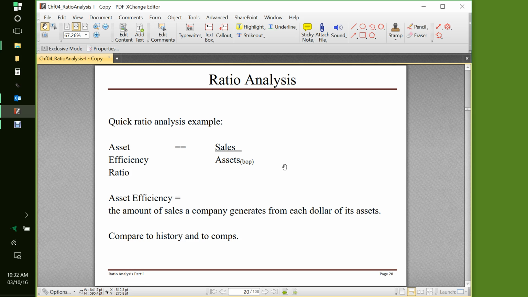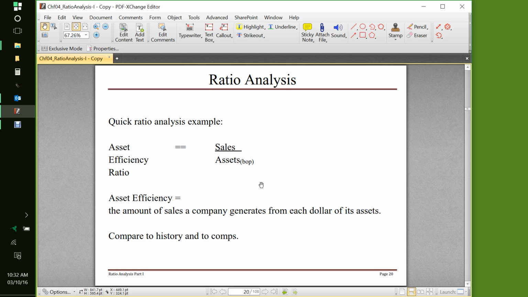That's an awesome question to ask, and knowing the answer to that question, I would say, being one of the nerdiest folks I know, is equally awesome. And then we're going to take this ratio and compare it to our entity's history to see if it's improving, if it's squeezing out more sales per dollar of assets over time.